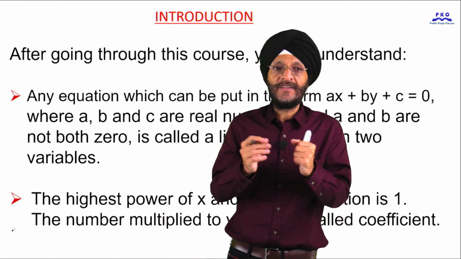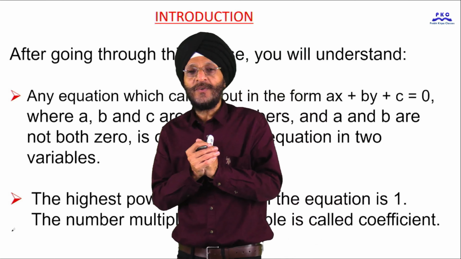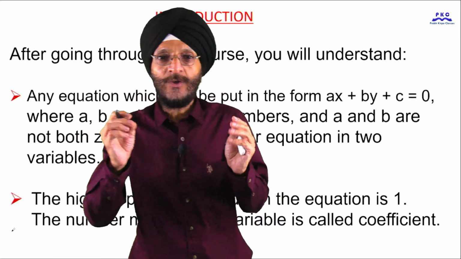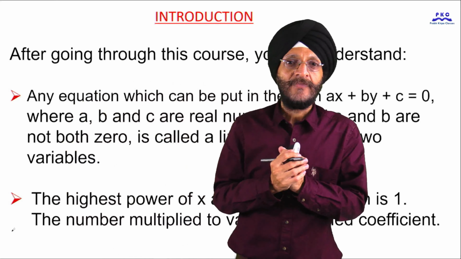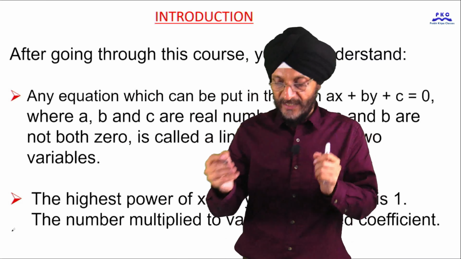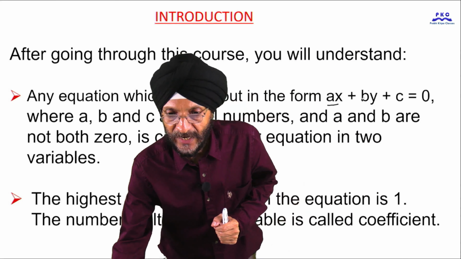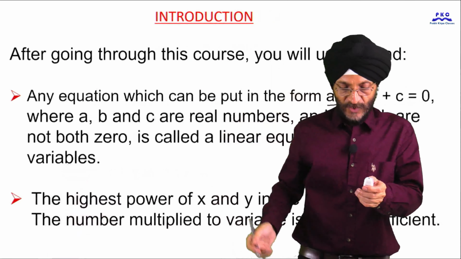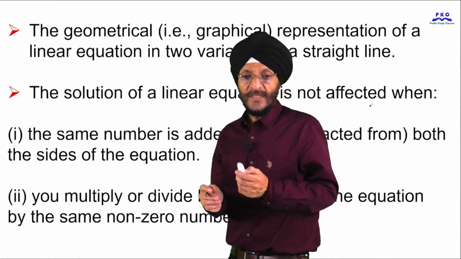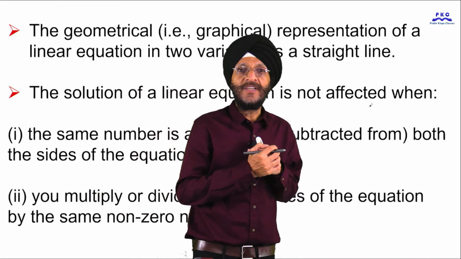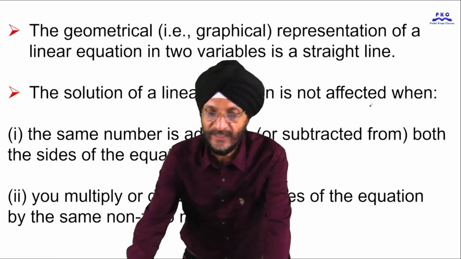It is to be noted here that the power of the two variables, that is x and y, in the equation is 1. The number multiplied to the variable, that is in this case a and b, is called coefficient and c is constant. The geometrical representation of a linear equation in two variables is a straight line.